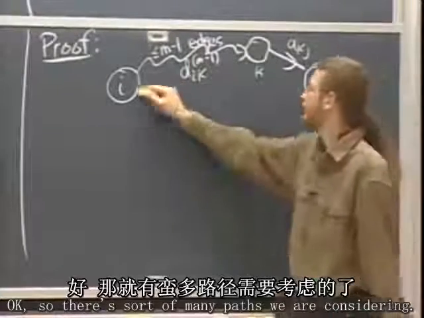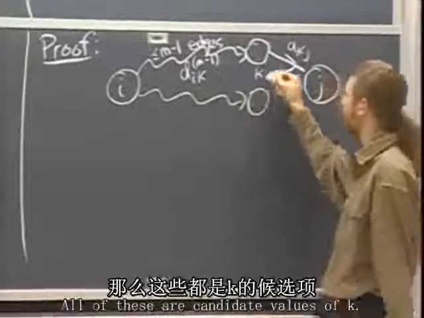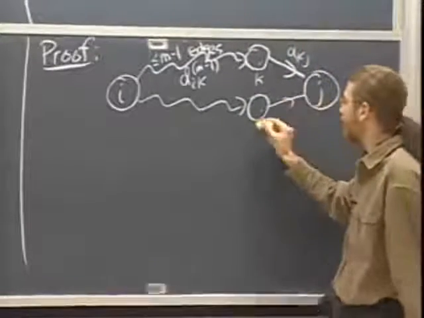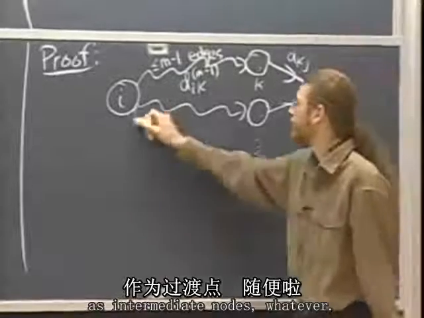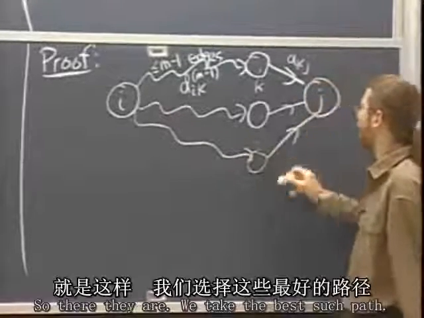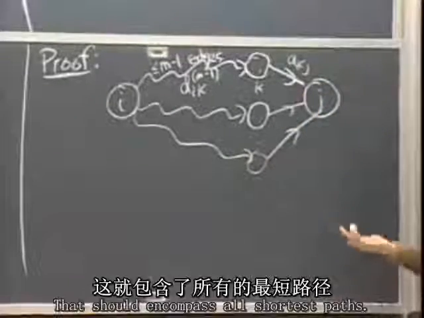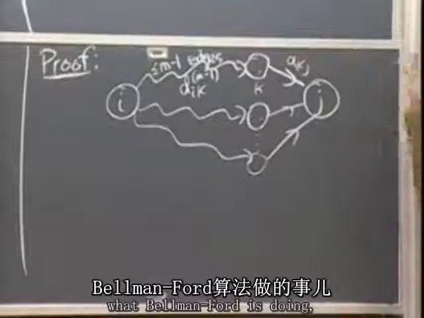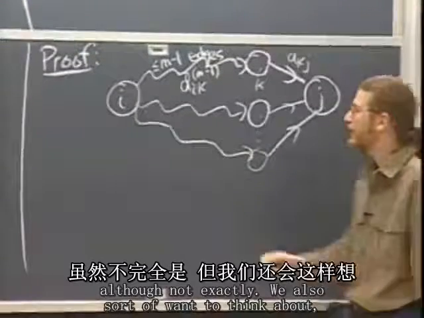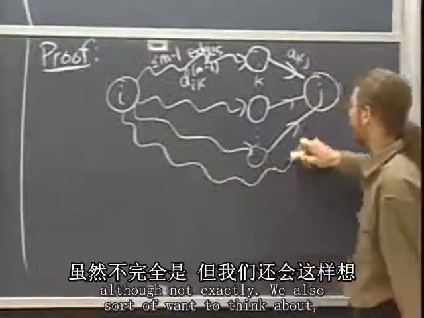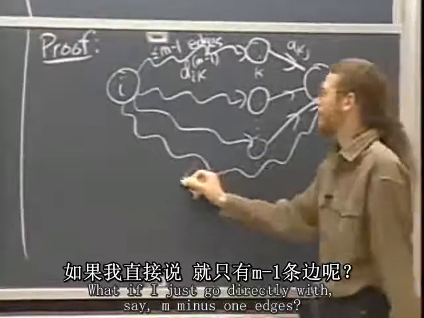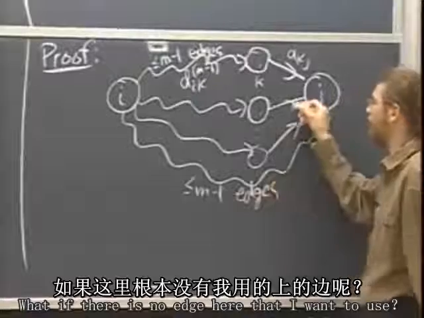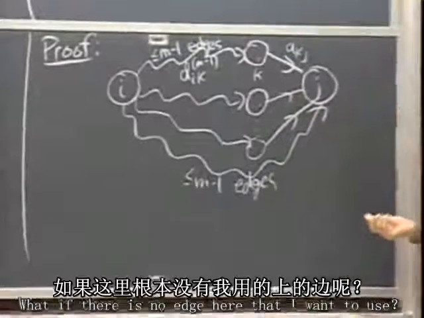Okay, so there's sort of many paths we're considering. All of these are candidate values of k. We're taking the min over all k as intermediate nodes, whatever. So there they are. We take the best such path. That should encompass all shortest paths, and this is essentially what Bellman-Ford is doing, although not exactly. We also sort of want to think about, well, what if I just go directly with, say, m minus 1 edges? What if there is no edge here that I want to use, in some sense?